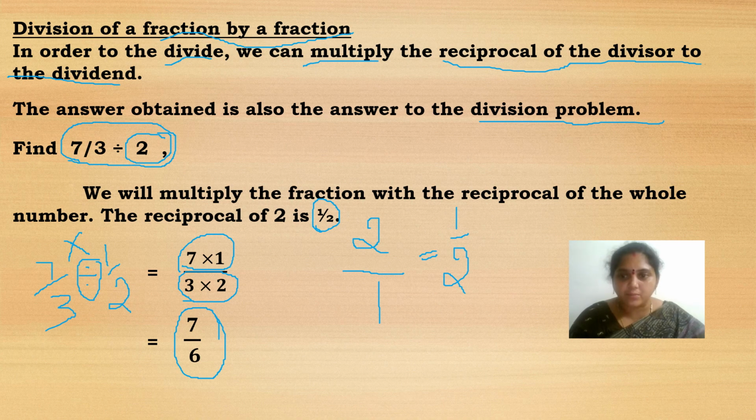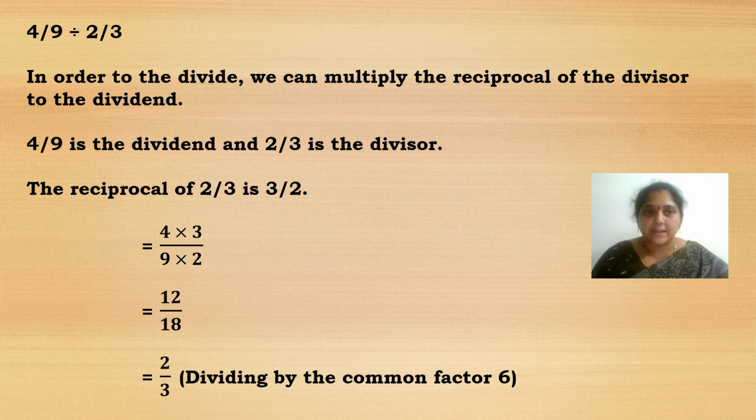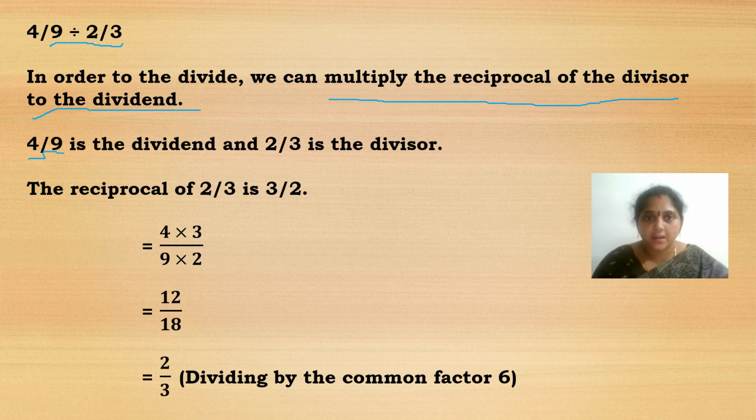Now we will see one more example. For example, my numbers are 4 by 9 and 2 by 3. In order to divide, we can multiply the reciprocal of the divisor to the dividend. So what is our dividend here? 4 by 9 is our dividend. What is our divisor here? 2 by 3 is our divisor.